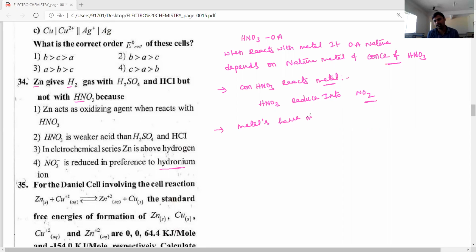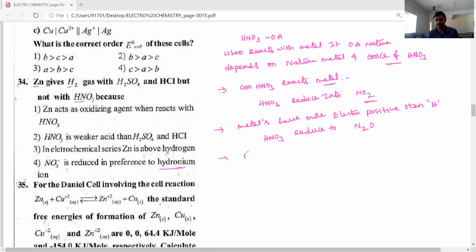When metals are more electropositive than hydrogen, HNO3 is reduced into nitrous oxide, N2O.